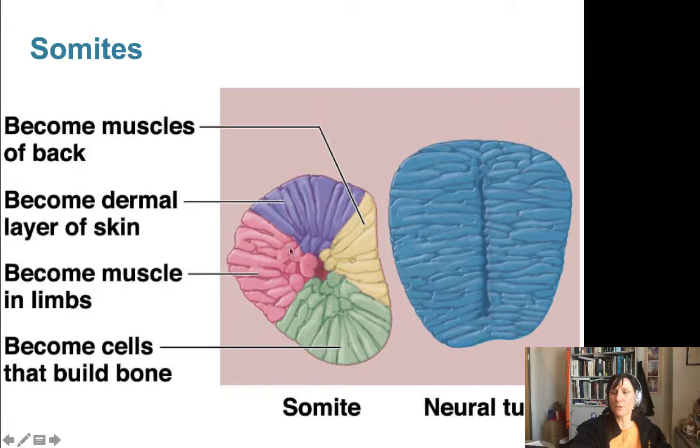We're showing it to you in this way, but this doesn't really highlight how these different blocks of tissue are paired on either side. They're showing you one block on one side of the neural tube, but there's going to be another block on this side, and then they're going to grow and differentiate into all of these different structures.